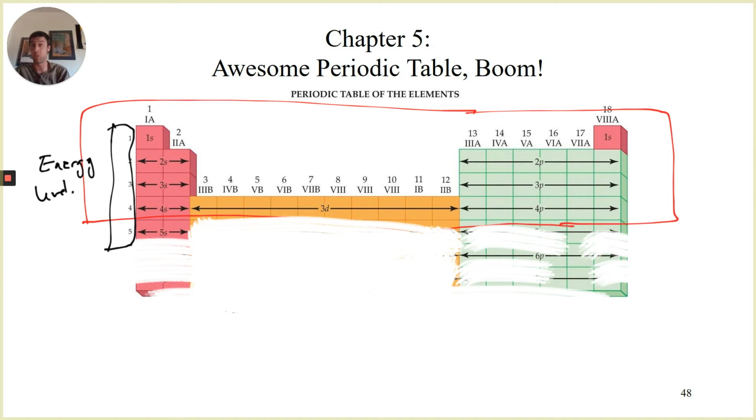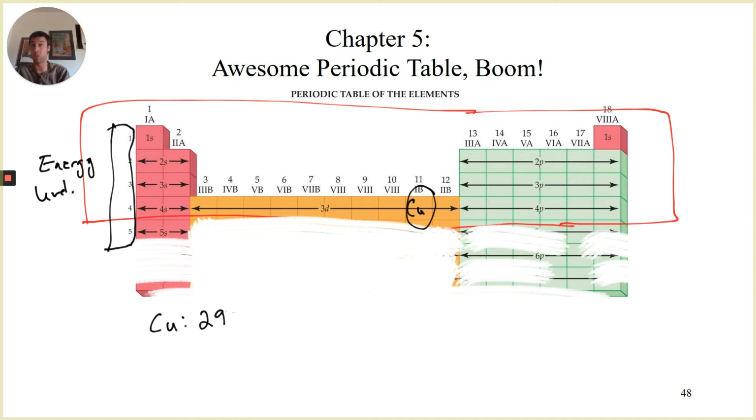If we're going to look at copper, copper is this one right here, that comes in at 29. If I wanted to figure out copper's electron configuration, what I can do is label all 29 electrons. So I could do that quick addition to see if something mismatches.